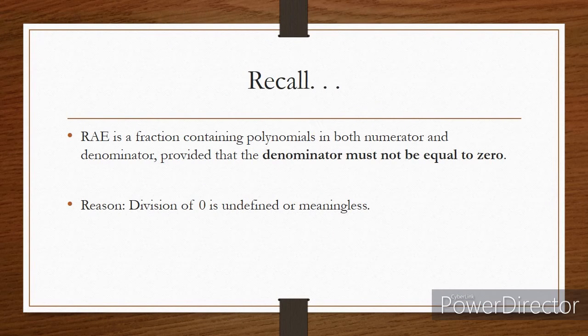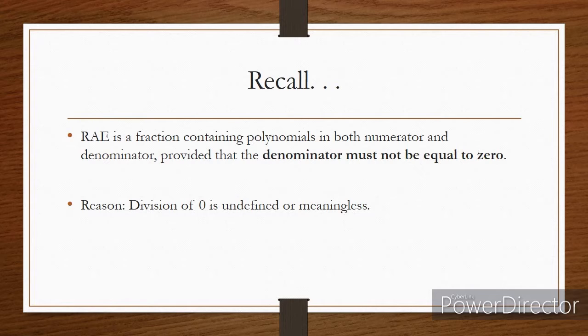Okay. So, let's recall that rational algebraic expression is a fraction containing polynomials in both numerator and denominator, provided that the denominator must not be equal to 0. What is the reason bakit hindi pwedeng maging 0 yung denominator?